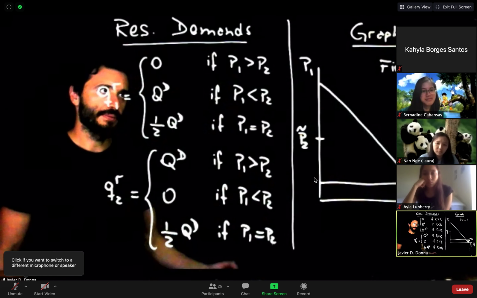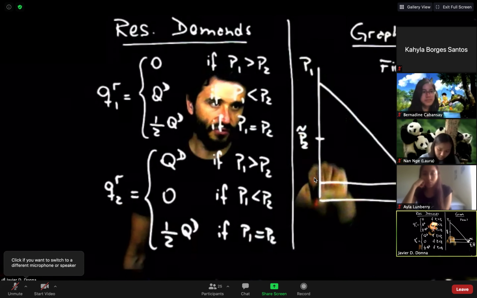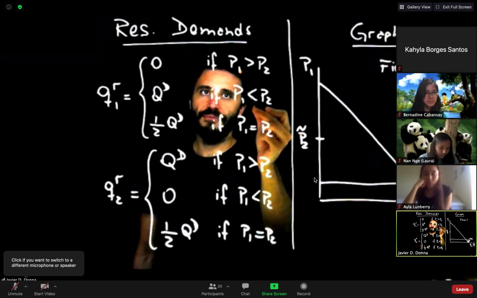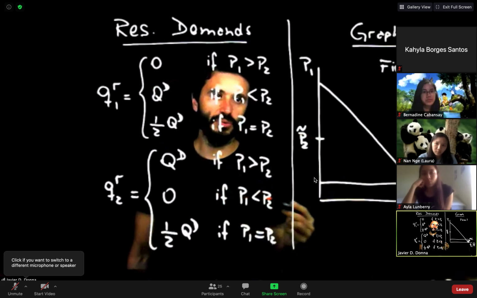So now let's think about the demands. I have P1 in the vertical axis, so here I'm varying P1. I look here: if P1 is greater than P2 tilde, then the demand is going to be 0.